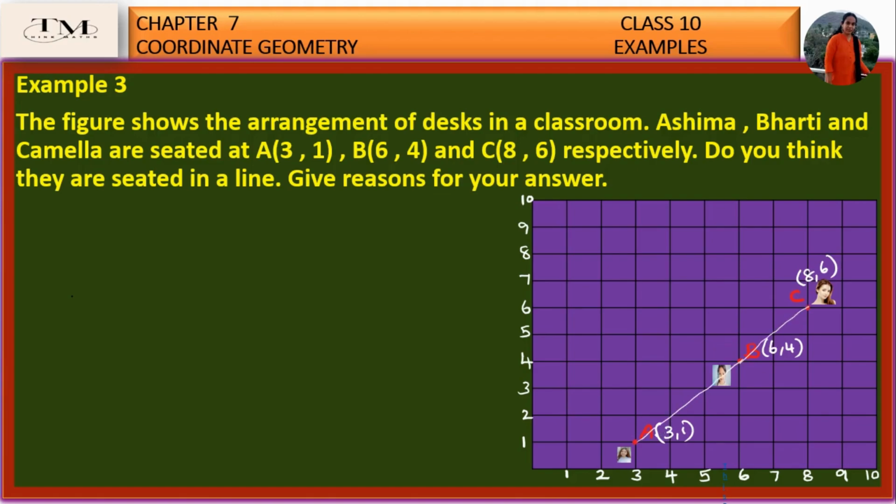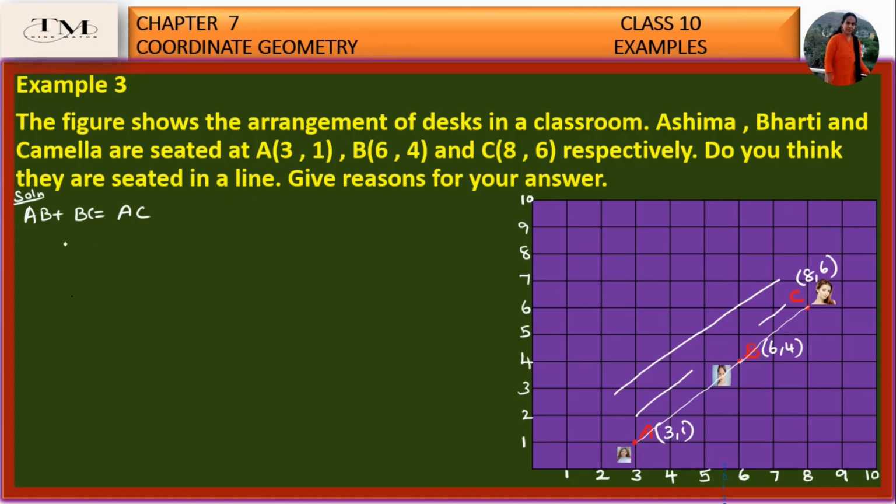For this condition, that is, they are collinear, we should get AB plus BC equal to AC. So this is the condition to be seated in a line.